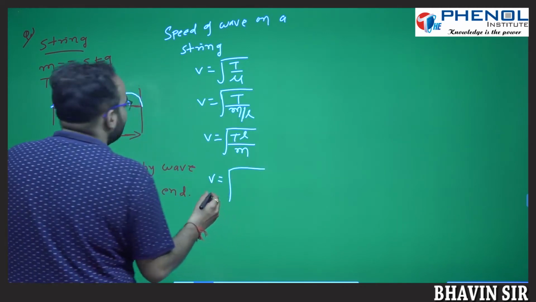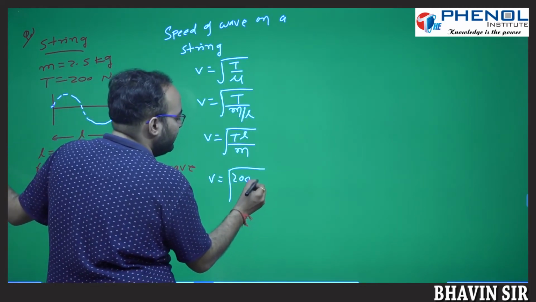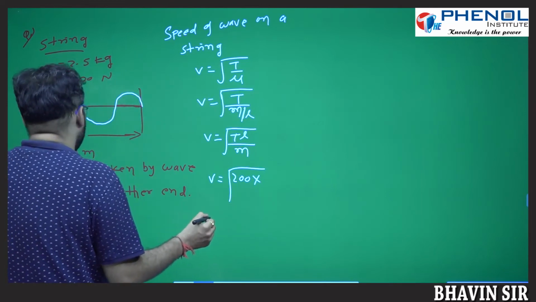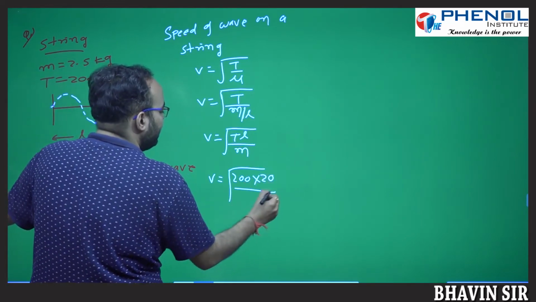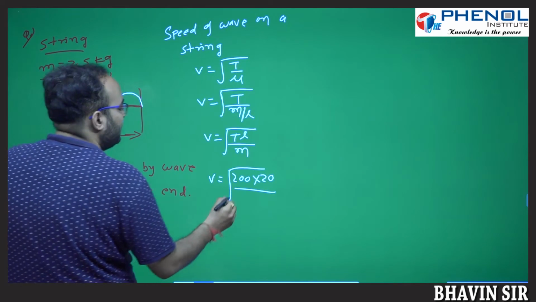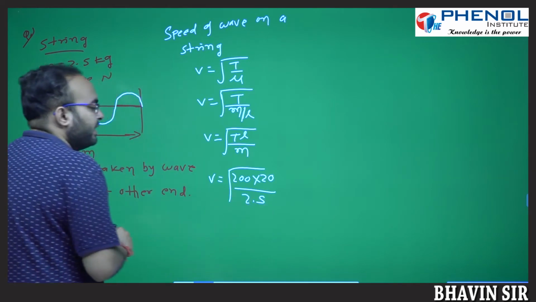What is the tension in the string? 200. What is the length? 20. And the mass? 2.5.